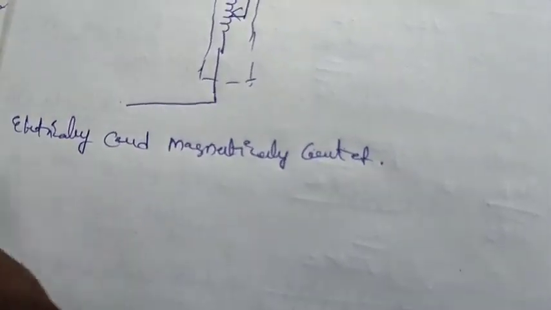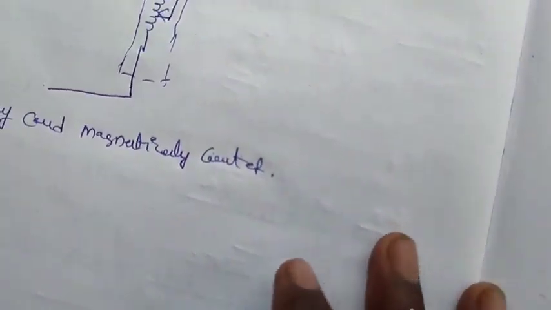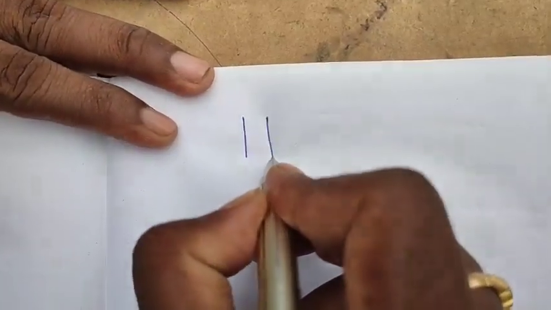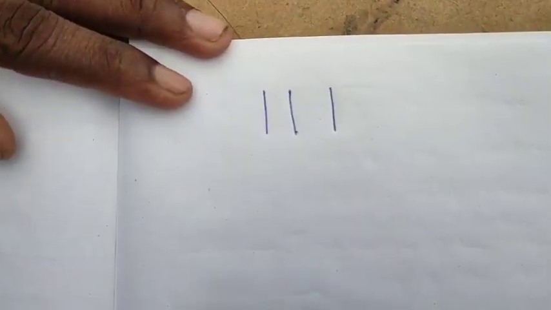Now the auto transformer starter diagram. The construction diagram is for a 3-phase supply.